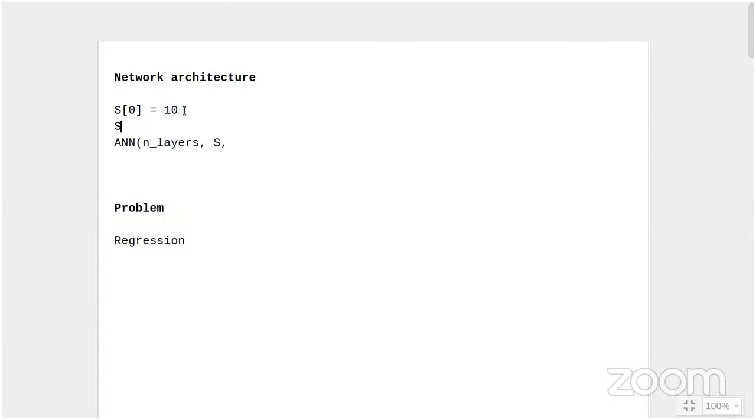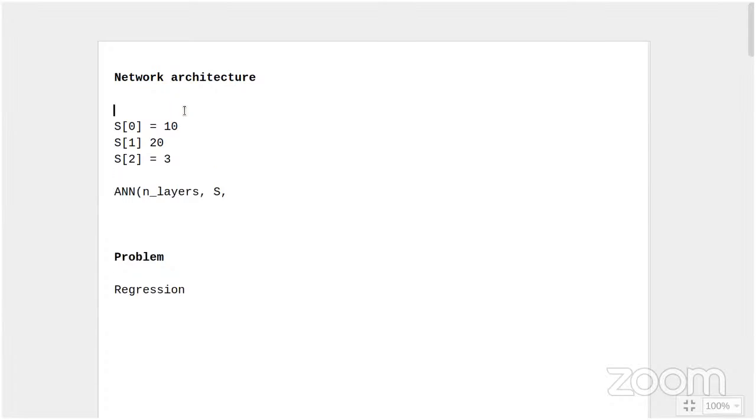If there are 10 inputs, S of 0 will be equal to the number of input features. And if there are 20 hidden layer neurons, then S of 1 will be 20. And if there are no other hidden layers, and let's say this is a 3-class classification problem, S of 2 will be 3. So I would specify n_layers to be 3, and corresponding to that, I will have to specify this list S.